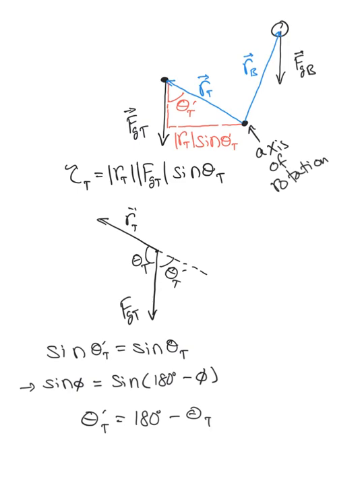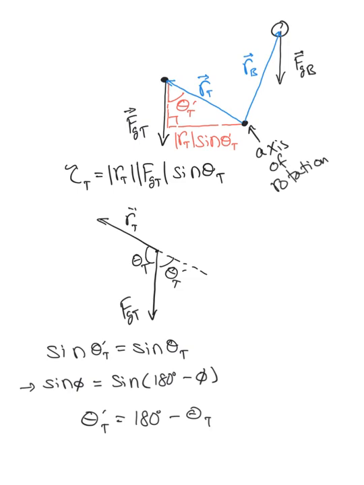If we look back at our initial picture with r sub t and the force, if I draw a triangle for r of t, that is, I break my vector that points from my axis of rotation to the point where the force of gravity acts on the table, I find that the side across from theta t prime is equal to r of t times the sine of theta t prime.